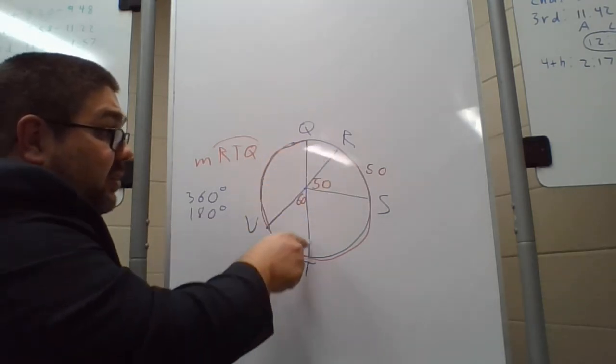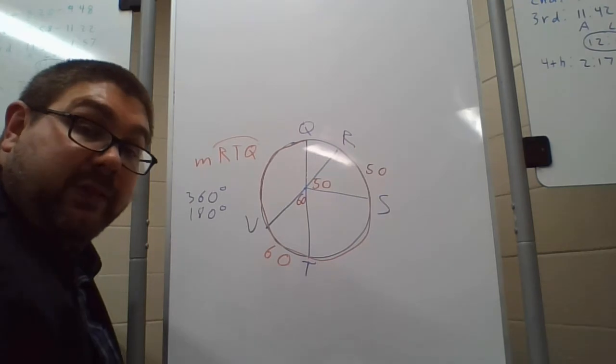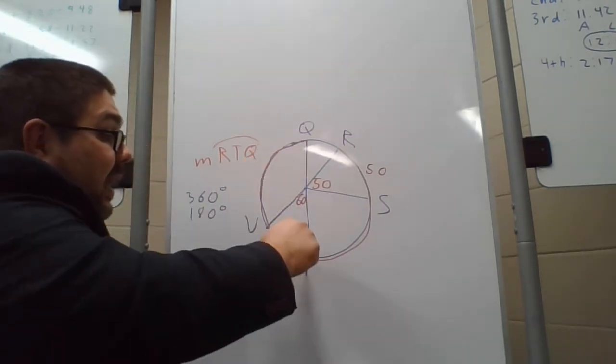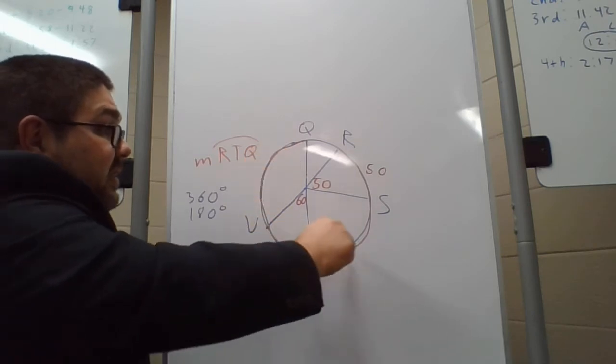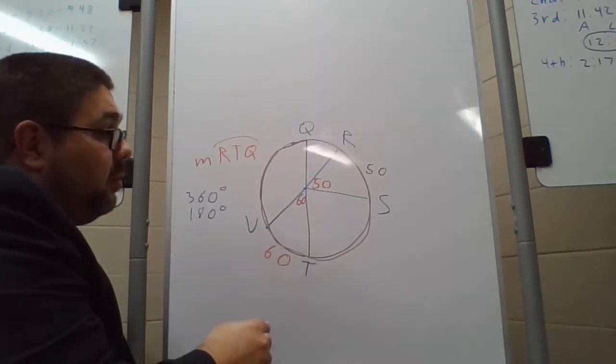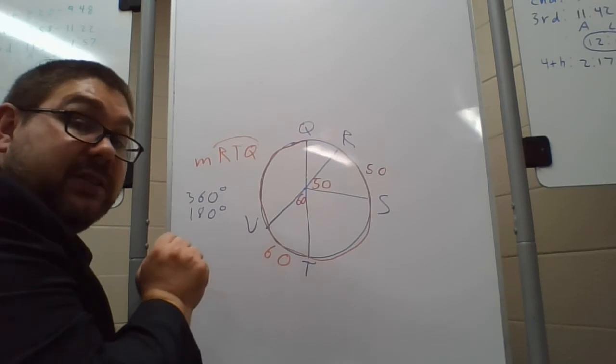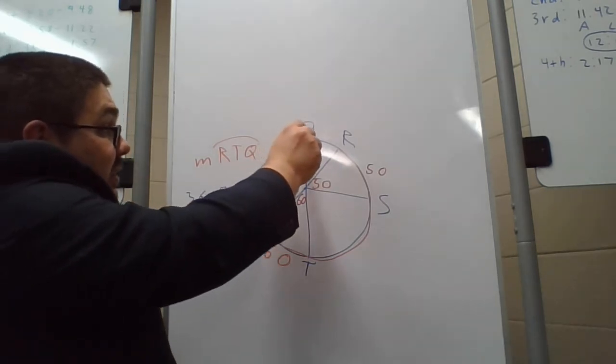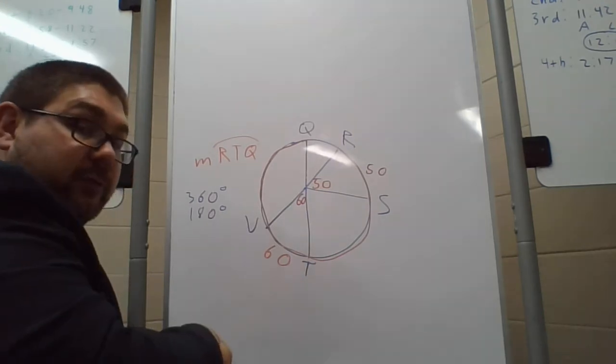These lines, these are diameters. What that means is this is half of a circle and this is half of a circle. Okay, what's half of a circle? 180? Well, this, I'll put it in green, hopefully it will show up well.